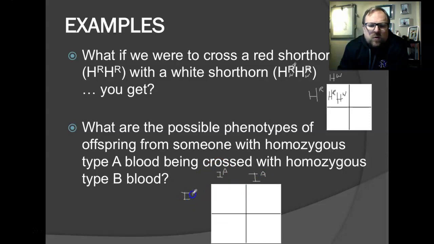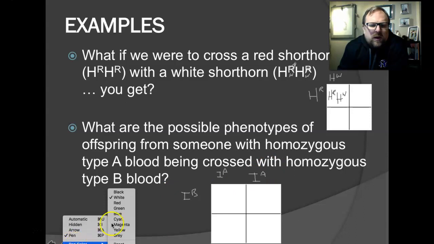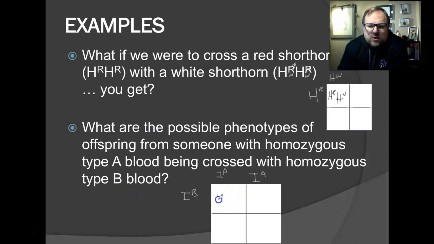And this individual would be IB because they're homozygous for B blood. And so we're going to end up with a situation where all of their offspring will have type AB blood. Hey, that's pretty good because then those individuals are all going to be universal recipients. They can take anybody's kind of blood, if you remember back to Bio 20. Okay, so that's codominance and how that works.